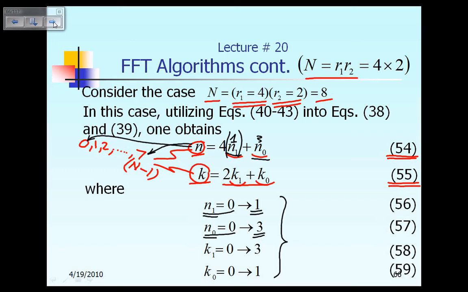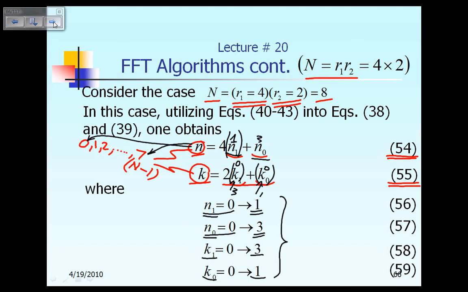If you let k0 and k1 both equal to 0, then the value of the small index k is equal to 0. On the other hand, if you let the index k1 equal to the largest value, which is 3, and you let index k0 equal to the largest value, which is 1, then again the value of the small index k will be equal to 7.